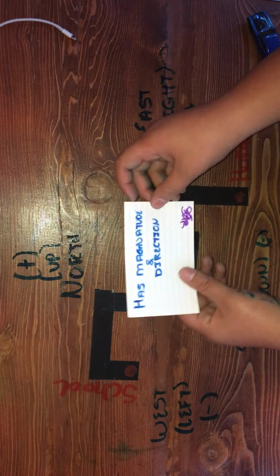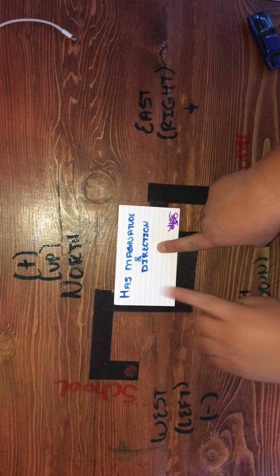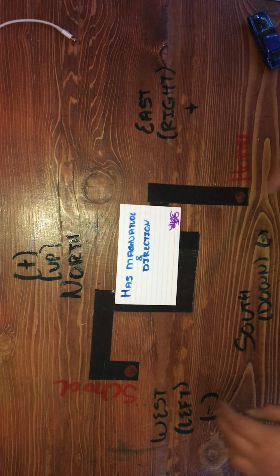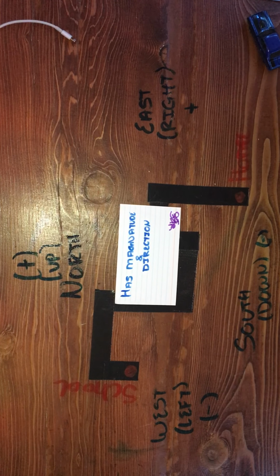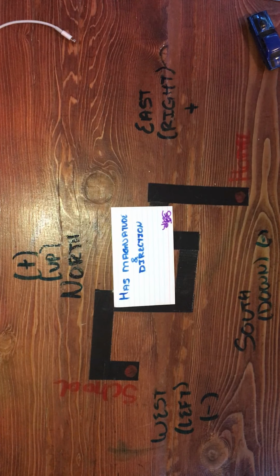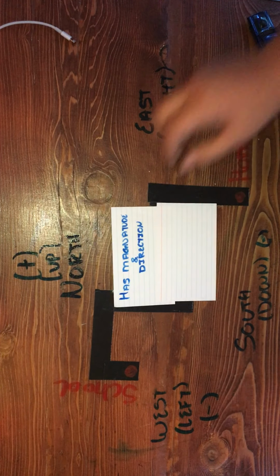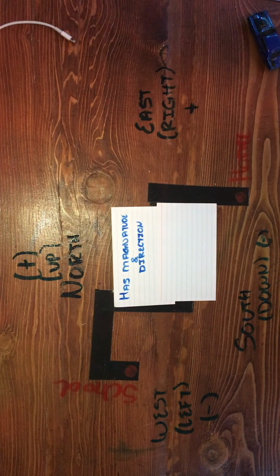Velocity has magnitude and direction. Direction is basically your north, east, south, and west. So how that would look is, we said it was like 27, right?